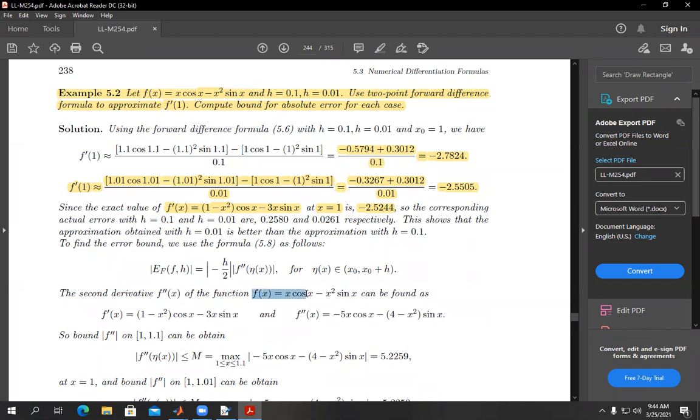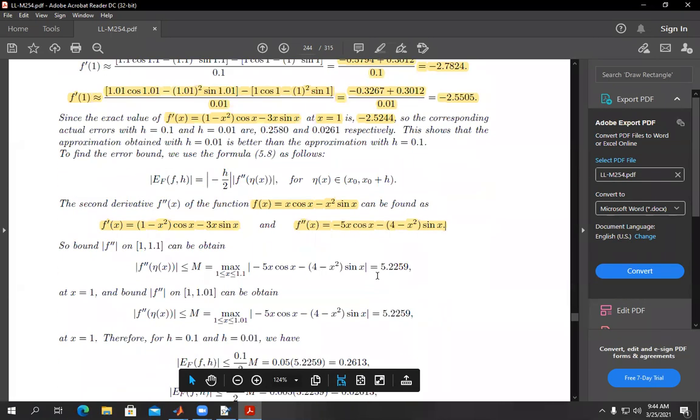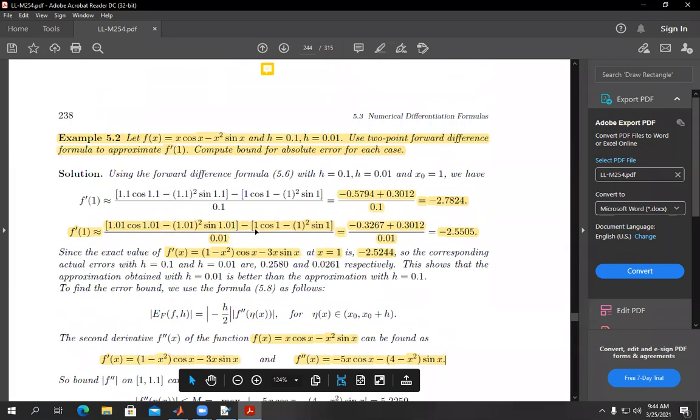The function is given, the first derivative we already know, and the second derivative you can find. Then you look at the interval. What is your interval for this case, when h is equal to 0.1?